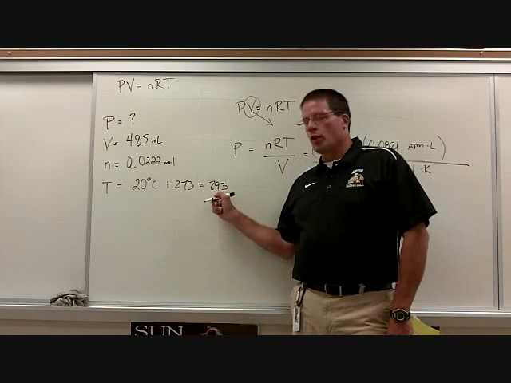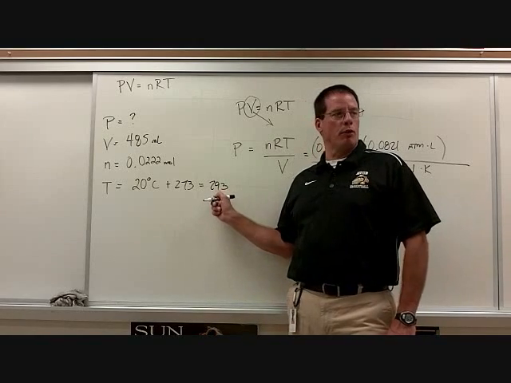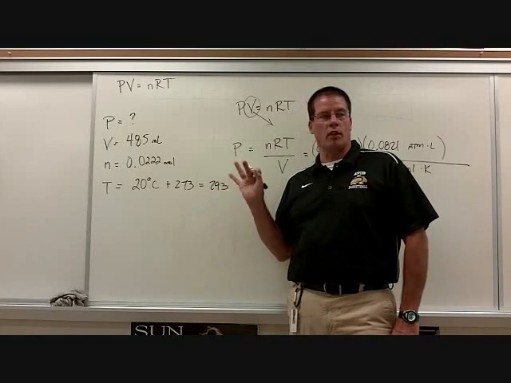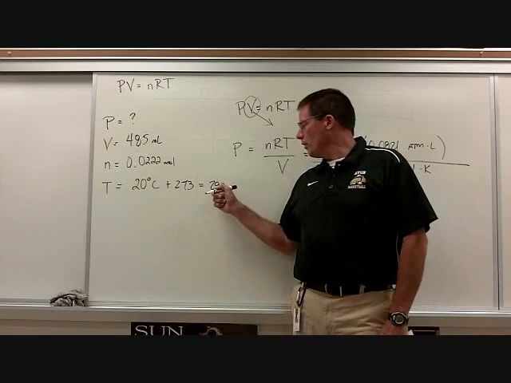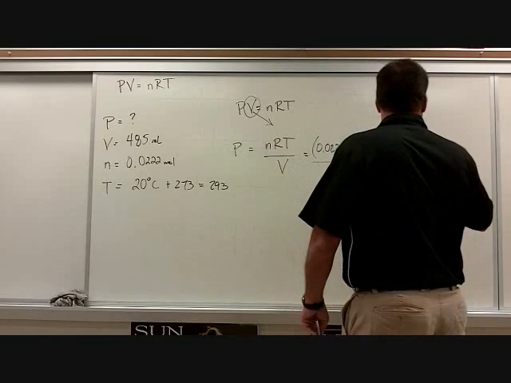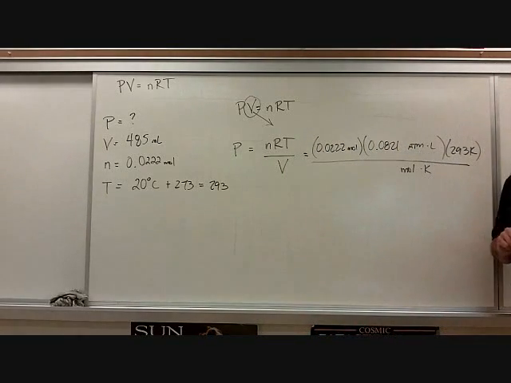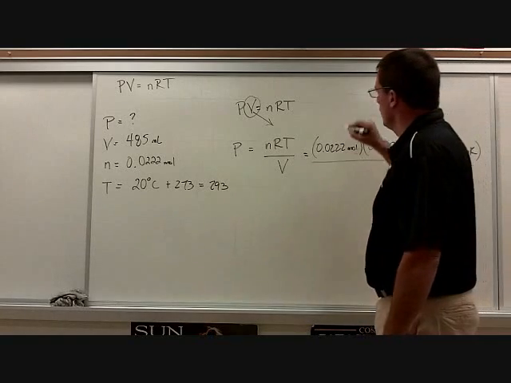You're going to find out that 99.5% of our answers will have 3 significant figures in the final answer. So having 293.15, don't worry about it. Our temperature must be in Kelvin.